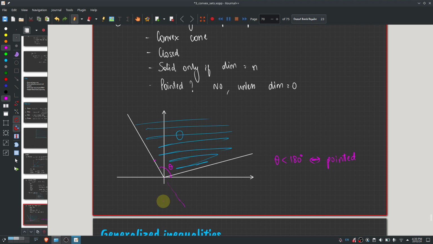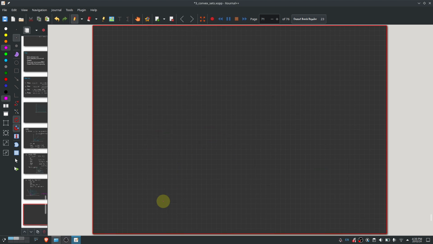Any questions so far? Okay, so this was all in Rn. Let's look at the space of symmetric matrices. What about the set of positive semi-definite matrices? We've seen earlier that this forms a convex cone, right?